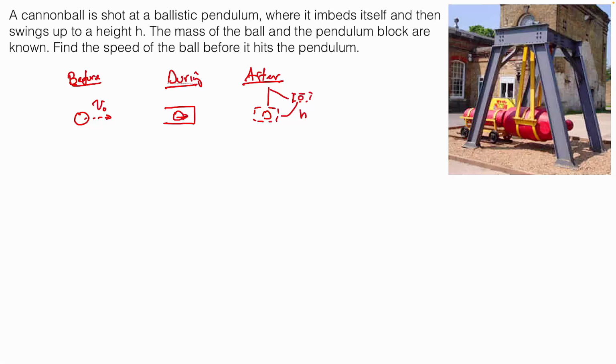It's going to go that high from where it started. Our goal is to find that initial velocity. What do we know? We know the height h, the mass of the ball, and the mass of the catcher. These are all the things that we know, and we're looking for that initial velocity.